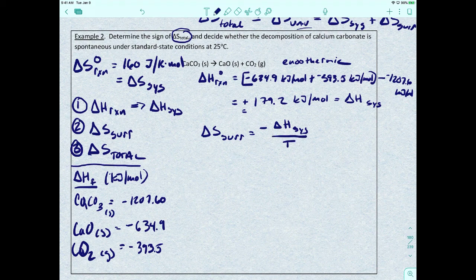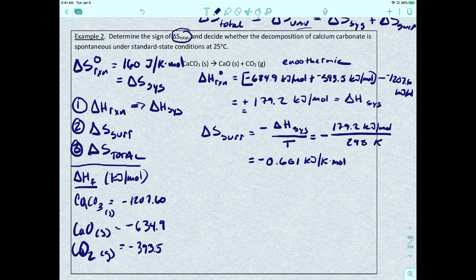divided by the temperature. So for us, that value was negative 179.2 kilojoules per mole divided by the temperature, which is 298 K. If you divide those together, that's going to give you a negative 0.601 kilojoules per K mole.